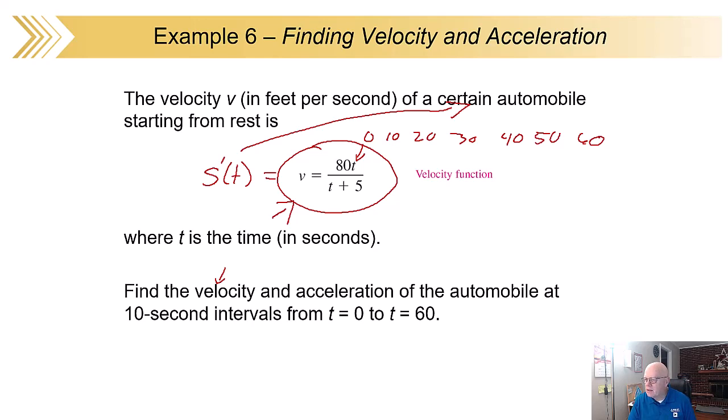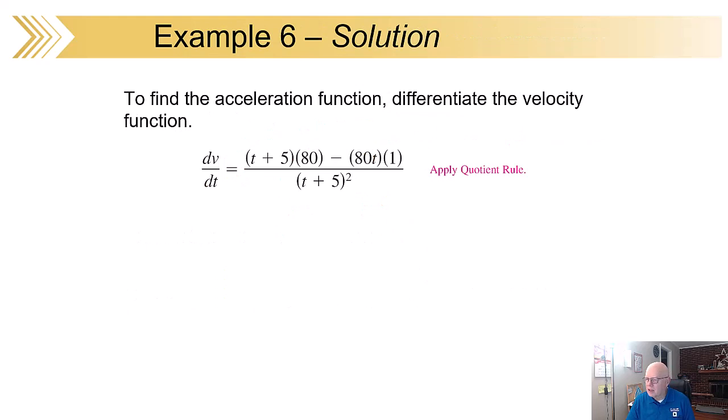And then to get the acceleration, we're going to take the derivative of this thing and then put in 0, 10, 20, 30, 40, 50, 60 in the acceleration function to get our values. So here's our acceleration function. Unfortunately, we had to use the quotient rule, but by this time, it shouldn't be too hard for you.